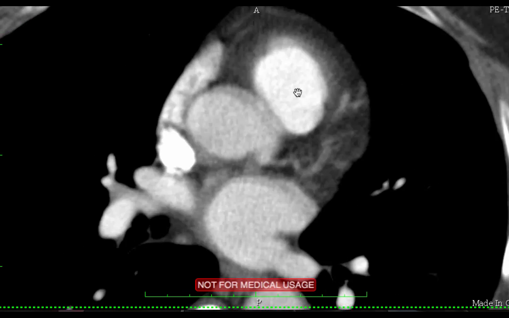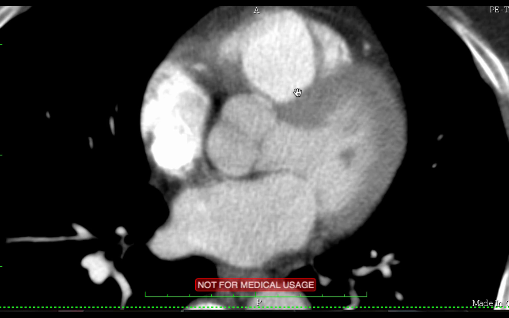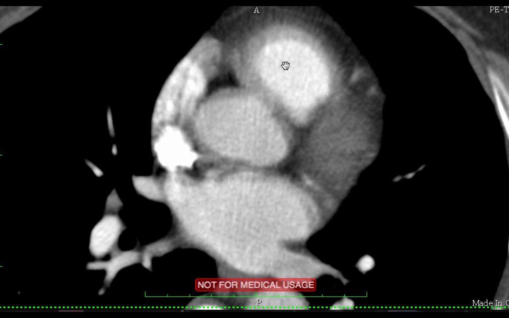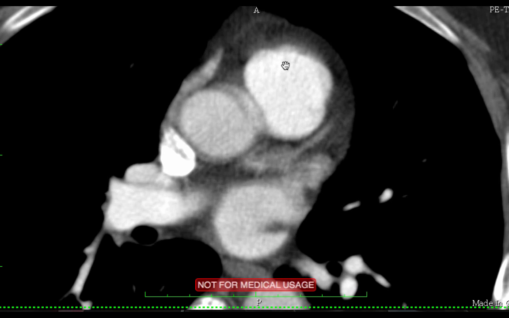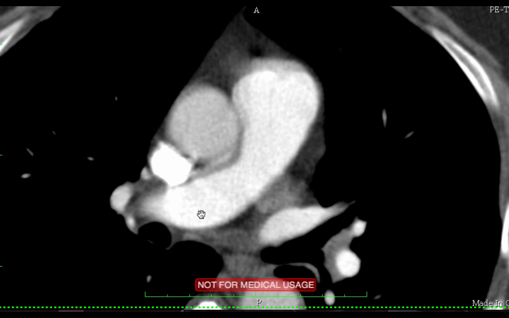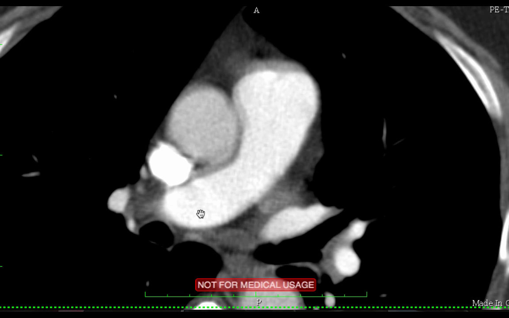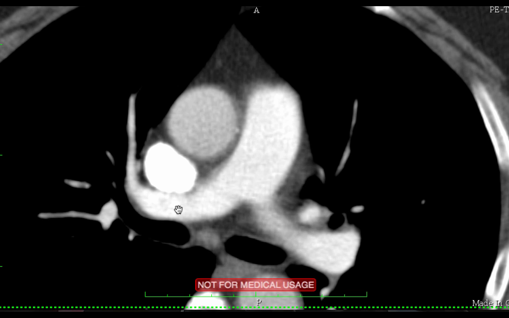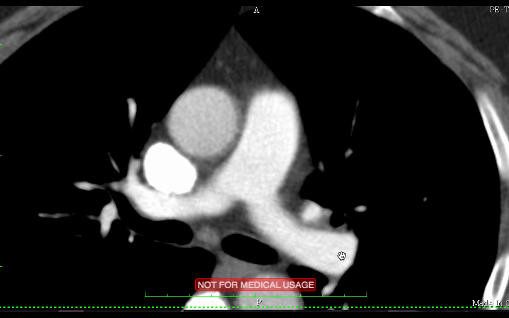We have the main pulmonary artery, which we've talked about a little bit because it's the aorta's pal. They were once twin siblings, you could say. And the ascending portion, the main pulmonary artery, goes superiorly and then divides immediately inferior to the aortic arch into the right main pulmonary artery and the left main pulmonary artery, which you have to have because you've got two lungs.